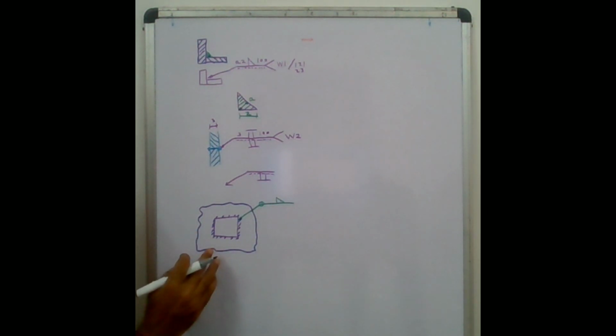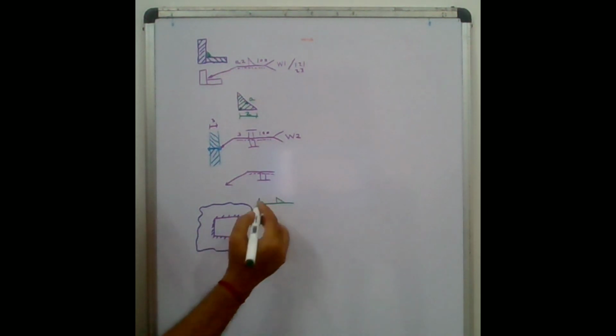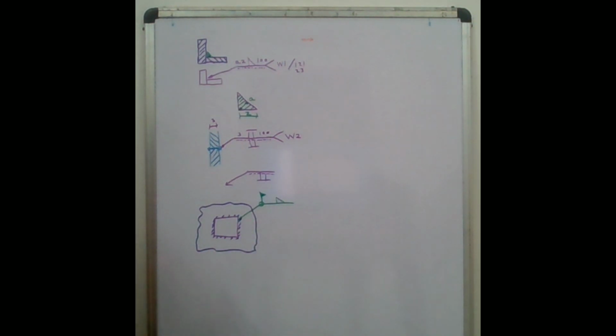And if this welding is to be done in the field, then we can also mention a flag like this. So this flag represents the welding to be done on the field. So you don't need to do the welding at your workshop.